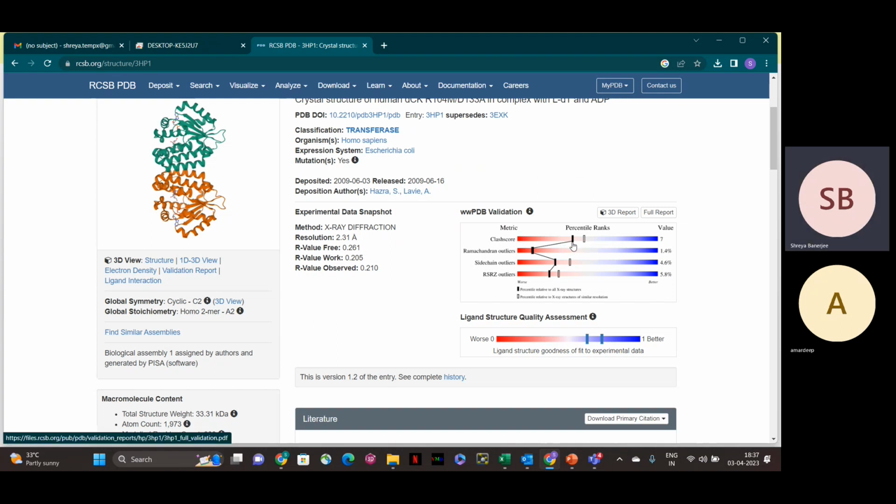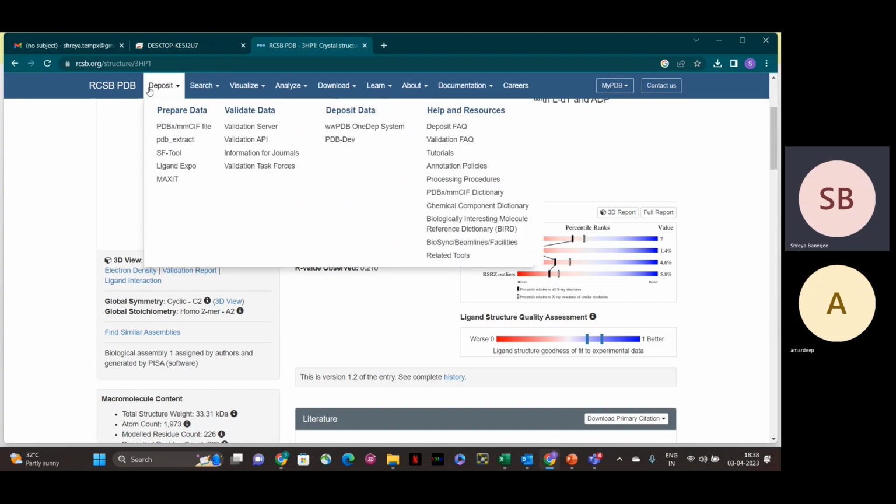The solid colored bar that you see is comparing how good this crystal structure is relative to all X-ray structures. And this white bar is how good this crystal structure is relative to X-ray crystal structures of similar resolution. As you are more towards the red, this is not a good crystal structure. And if you are more towards the blue, this is a good crystal structure.